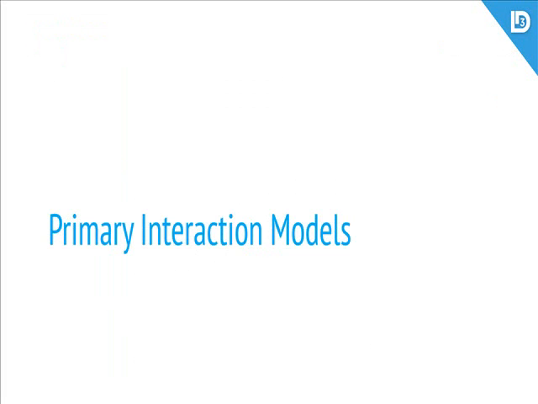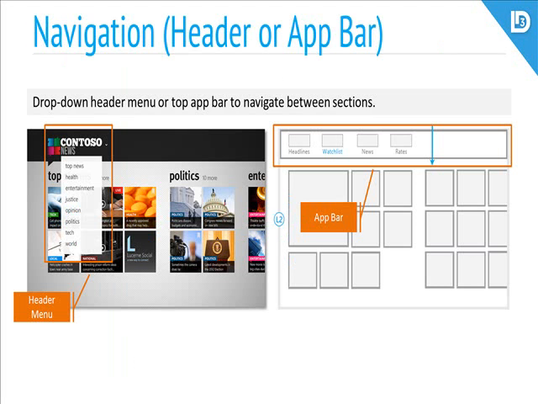Now, how do people interact with content? I want to talk about 4 models, the 4 primary interaction models. The first is the header or the app bar. We're talking about navigation here. How do I access different section levels within my application? There are 2 ways I can do that.